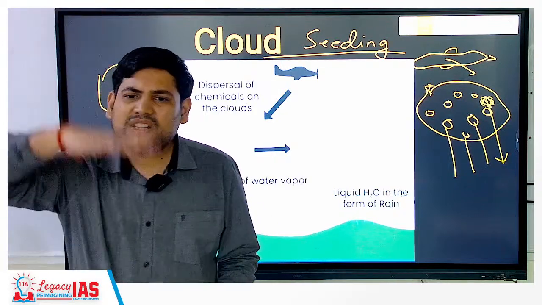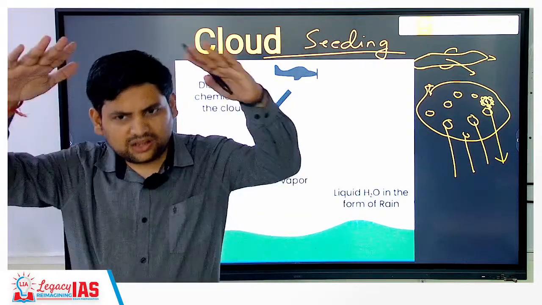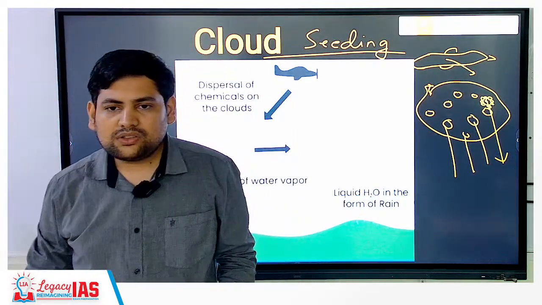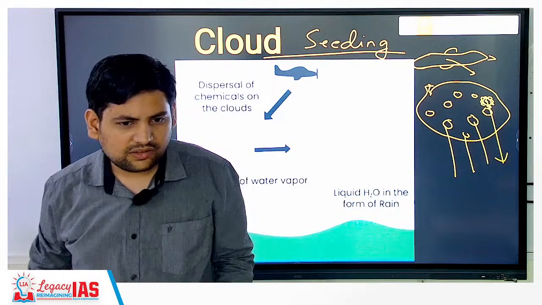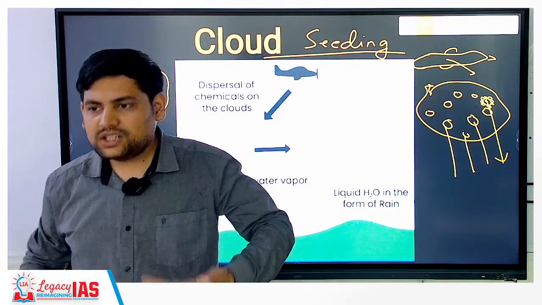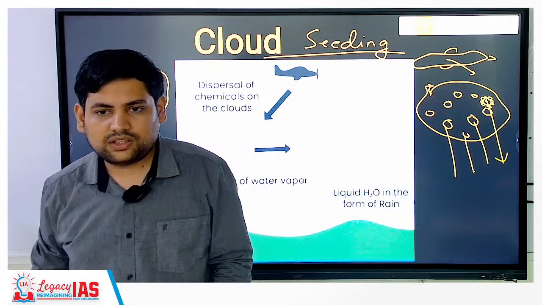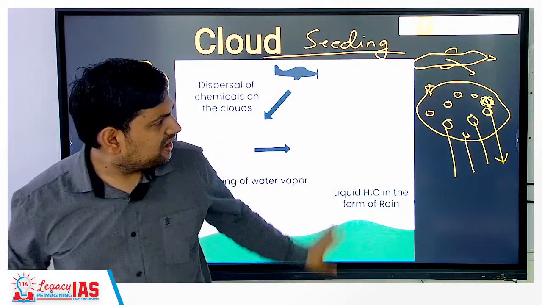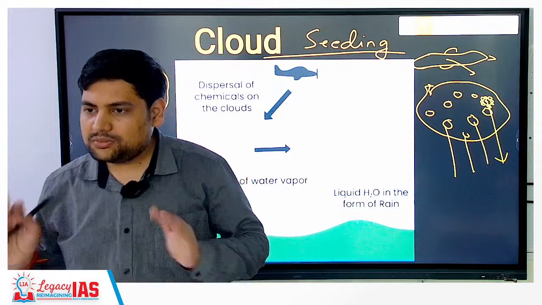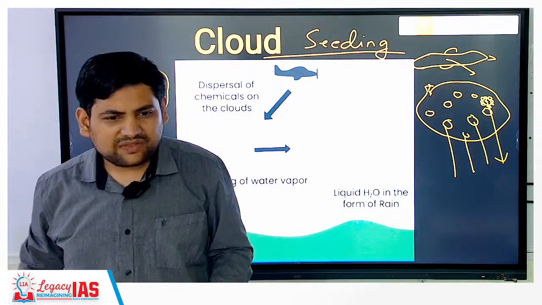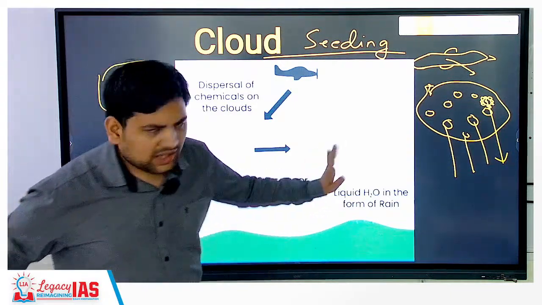Why? Because all the particles that are suspended in the air will come down with the water to the soil, correct. So that is being thought of in Delhi also to control pollution levels, that we will have some amount of rainfall, and with that we will be able to control pollution. These are the basic uses and the mechanism of cloud seeding.